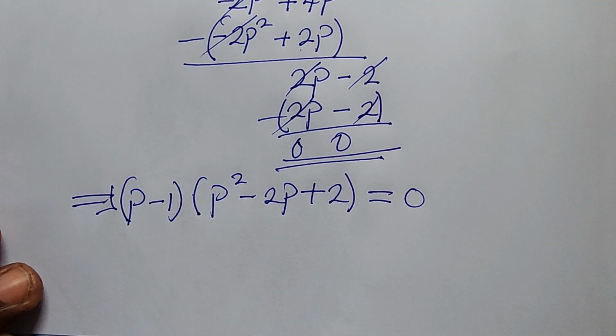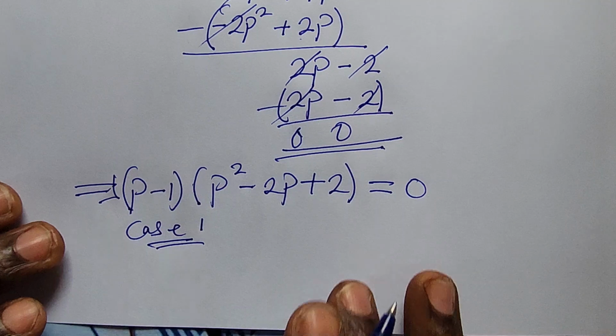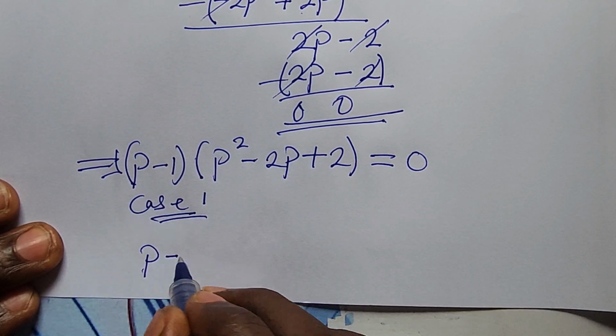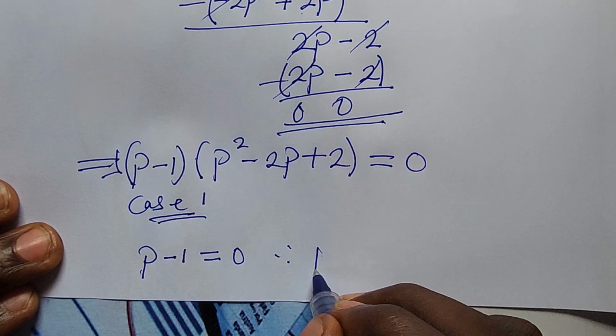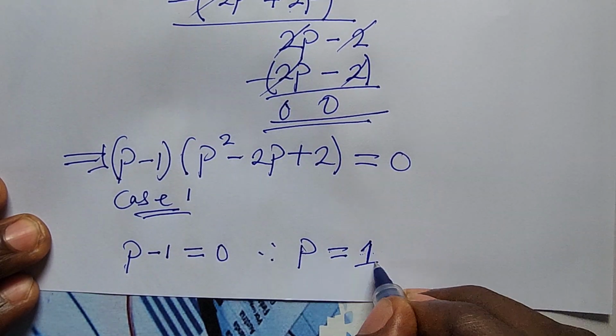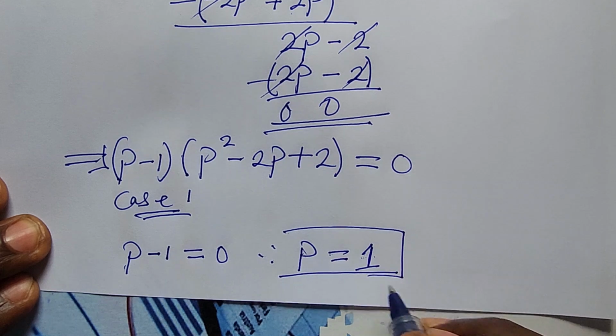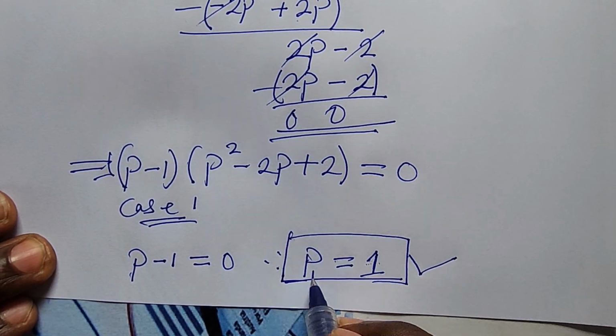We also equate this to 0. So case 1, we have our P minus 1 equal to 0. So therefore, our P is equal to positive 1. So we've gotten the value for P1 now.